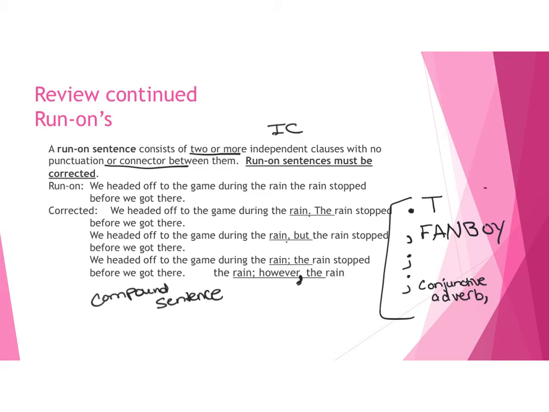When you do this, now, I'm going to be asking you frequently to write compound sentences. I would highly recommend that you take out a piece of paper and at the top write notes, and then write how to write a compound sentence.